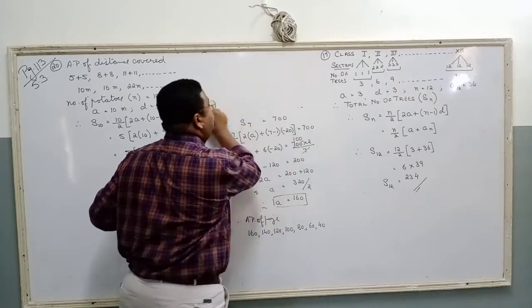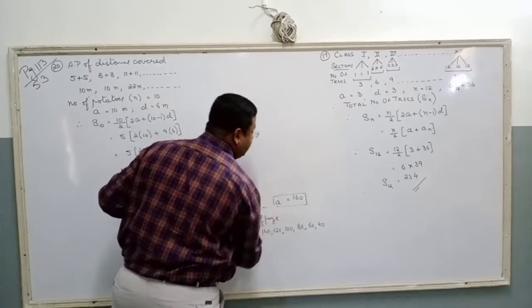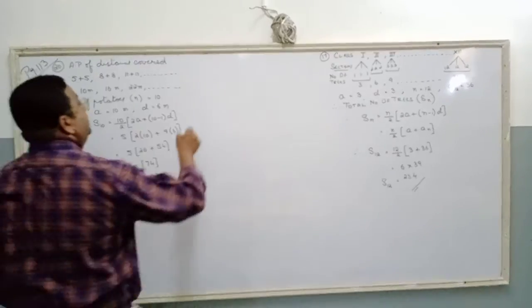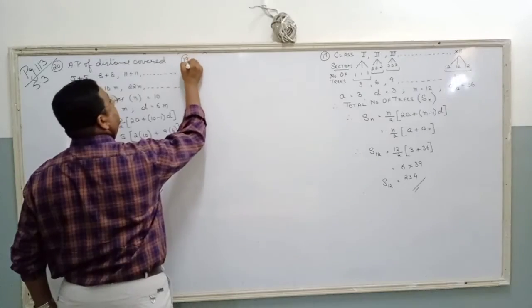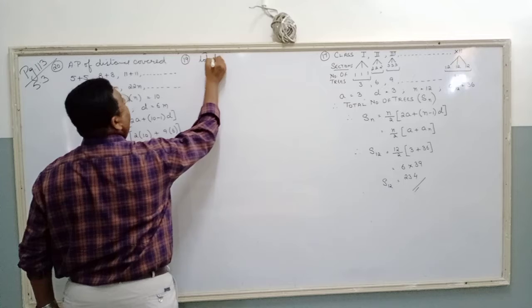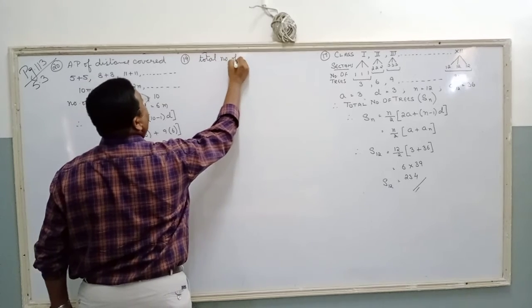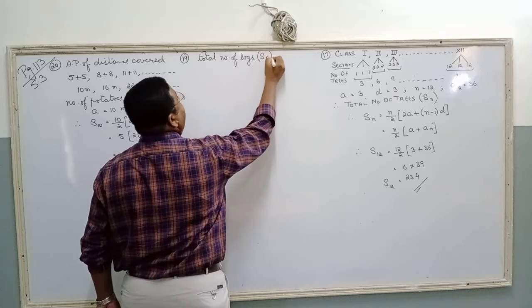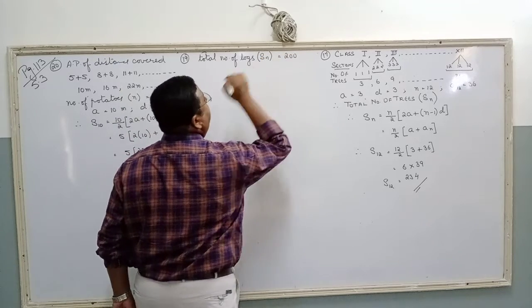200 logs. Logs of wood, the arrangement is given to you. 19th question. Total number of logs, that is Sn, is how many? 200.